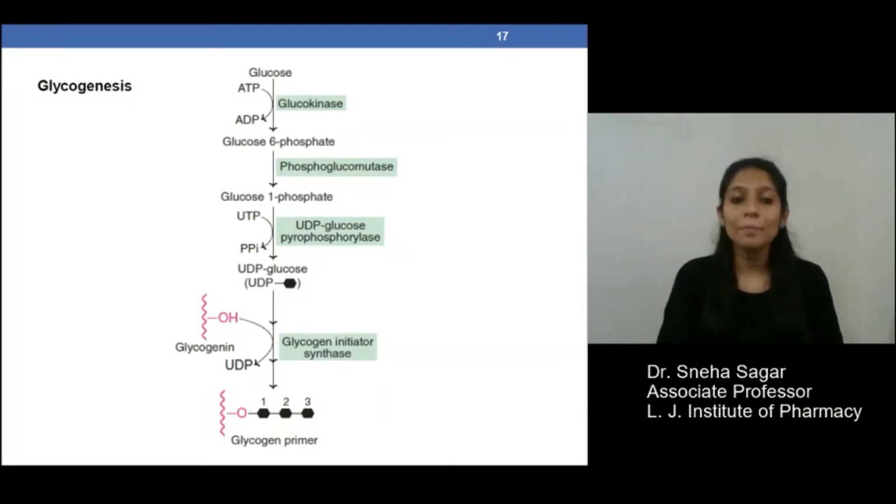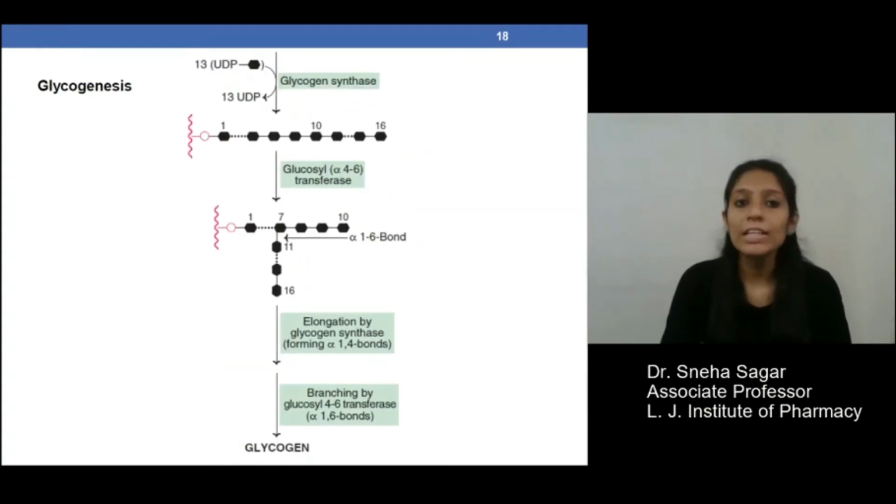So this is an important step for glycogen primer synthesis. In this particular step, glycogenin, a protein having the amino acid tyrosine, is responsible for the formation of the bond between the glucose and the hydroxyl group of the tyrosine.